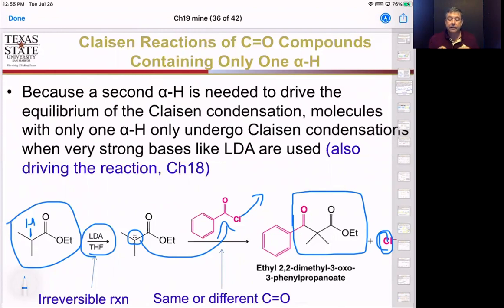Okay, it's still a Claisen reaction because we are still making a beta keto ester, but we've chosen to use it unsymmetrically. We didn't react one of itself. We chose to use a different material. And the best way to do that is you make all of your enolate first with an irreversible base, and then you add your next substrate in to make it react in that exact position.